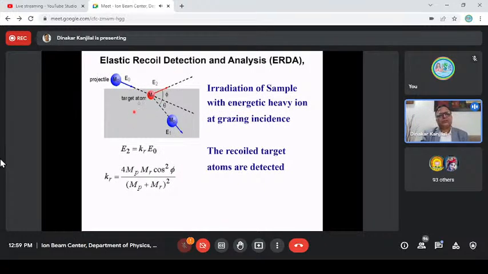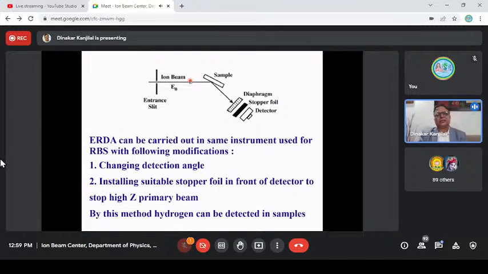And the opposite of Rutherford backscattering is elastic recoil detection analysis. Here projectiles come, you can see in the forward direction, slightly tilting the sample, and then Rutherford backscattering can detect heavy ions here, while lighter ions can be detected easily with elastic recoil detection analysis. So these are the standard analysis processes which are used for sample characterization.